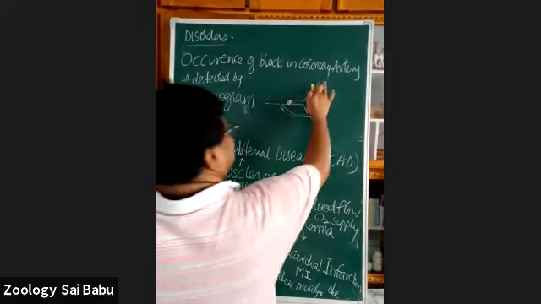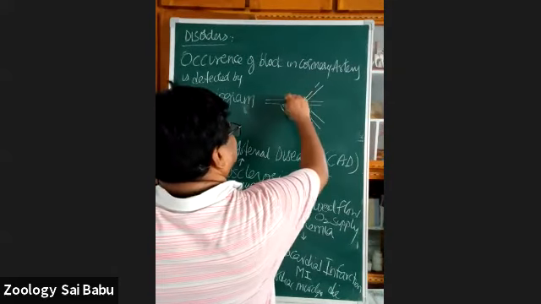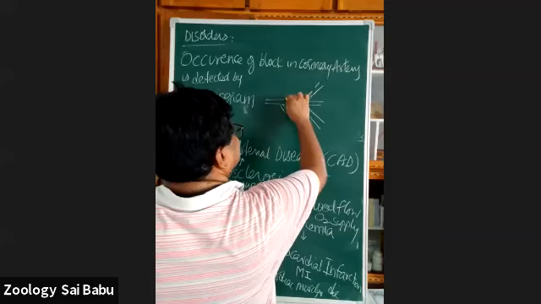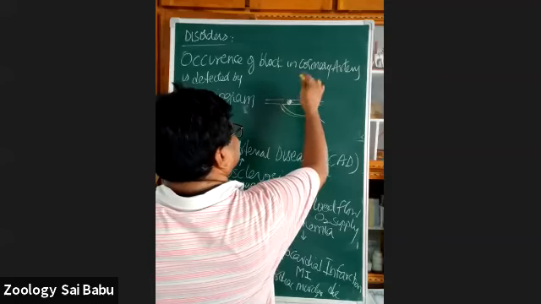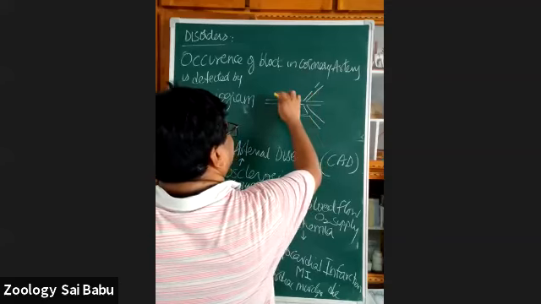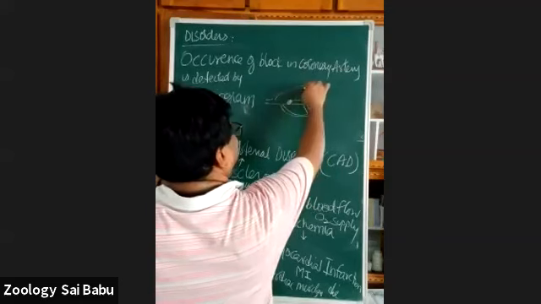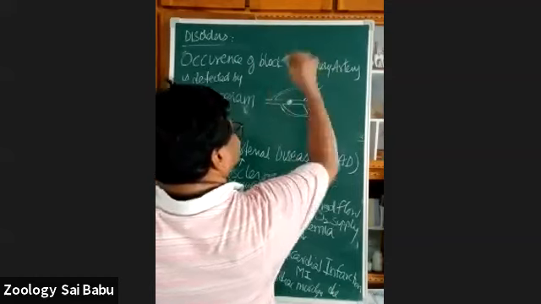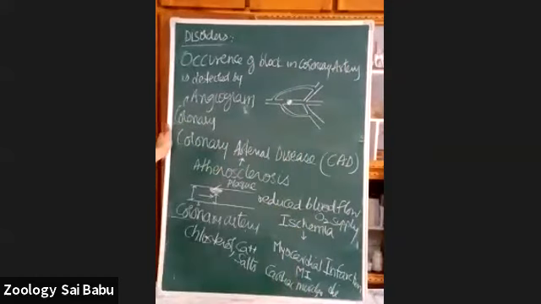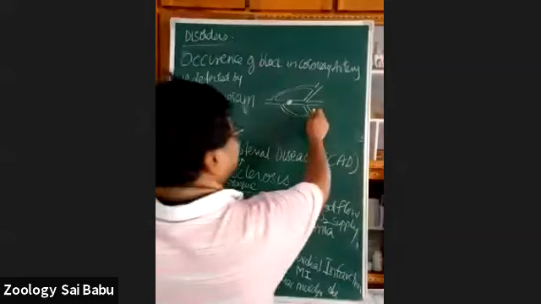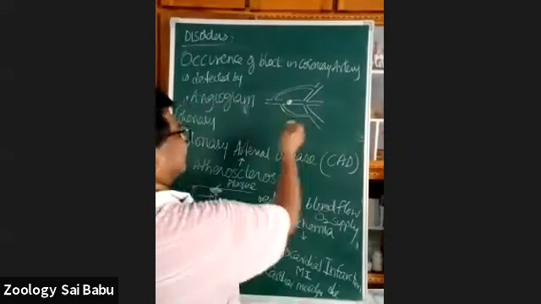In the same manner, here also we are going to bypass the flow of blood. By bypassing that flow of blood, we can again restore the normal blood supply to these blood vessels.